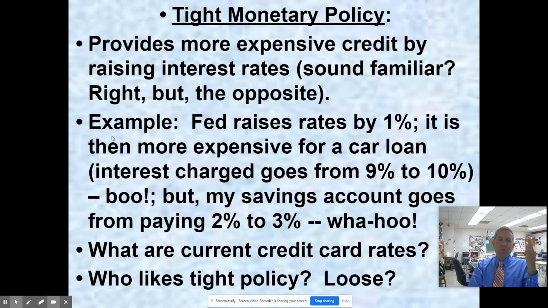Okay, so there are three tools that the Fed has to operate either loose or tight monetary policy. We'll examine one today and two more in our notes the next time. So today we just want to get our heads around the notion that here's this Fed and its main job, although it has other jobs, is to run monetary policy, determining how much money exists and then making that happen.